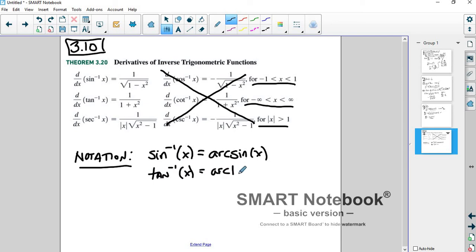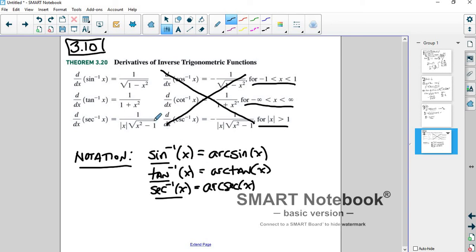I refuse to use inverse tangent or inverse sine, mainly because students struggle with thinking that's a power, and it's not a -1 power. Secant inverse of x is not 1 over secant. That's not the way it works, okay? So I will exclusively use arc sine, arc tangent, and arc secant for these, but you need to recognize it because your MyMathLab and other things like that will use those, okay?